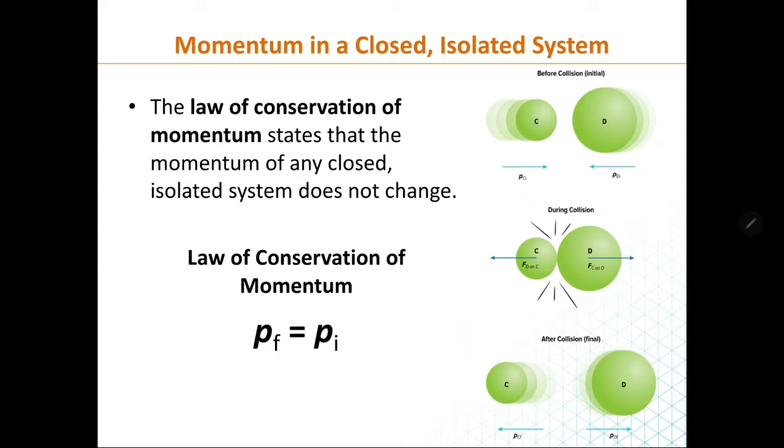To make that clear, here we have an example. We have two balls, and before the collision, let's suppose that their momentum was 10, and after the collision, it should also be 10. So from here we have the law of conservation of momentum, which is P final equal to P initial.